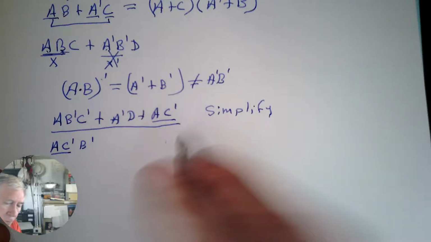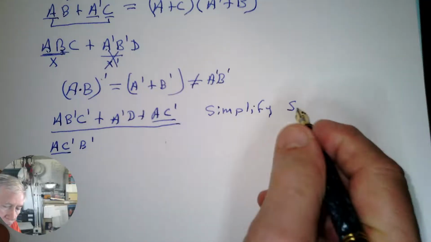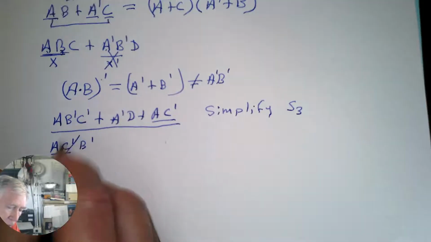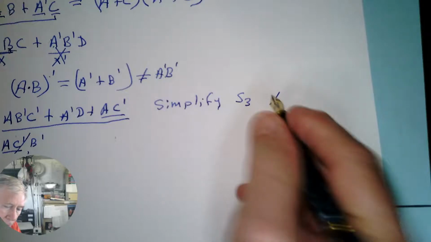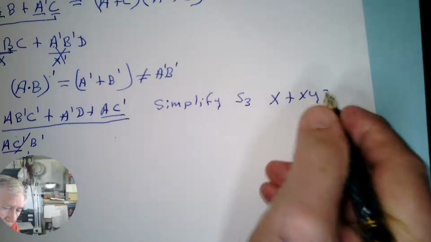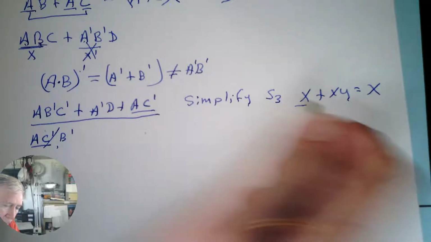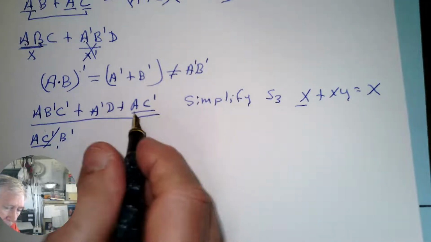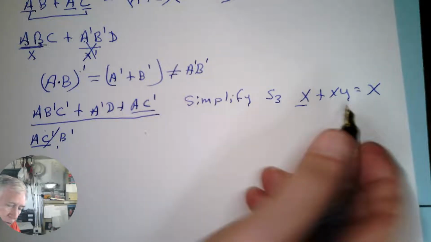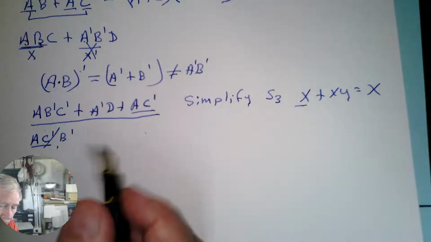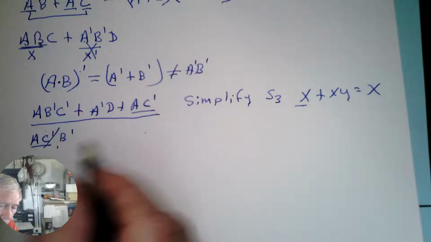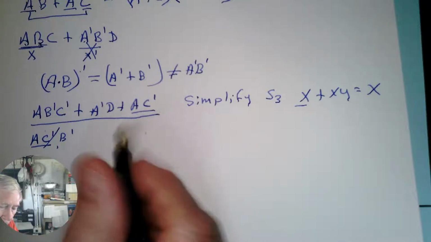So using simplification theorem S3, we can totally drop that term. What is S3? X plus XY equals X. Where the X in this case is the AC prime, and Y is just B prime. So we can drop that term, and we're just left with the AC prime term.